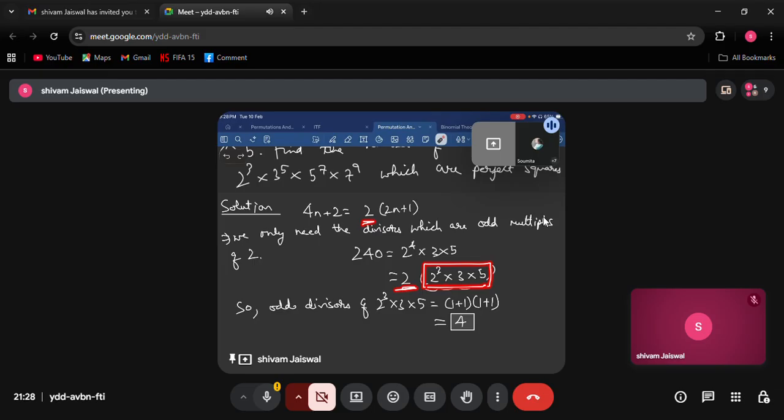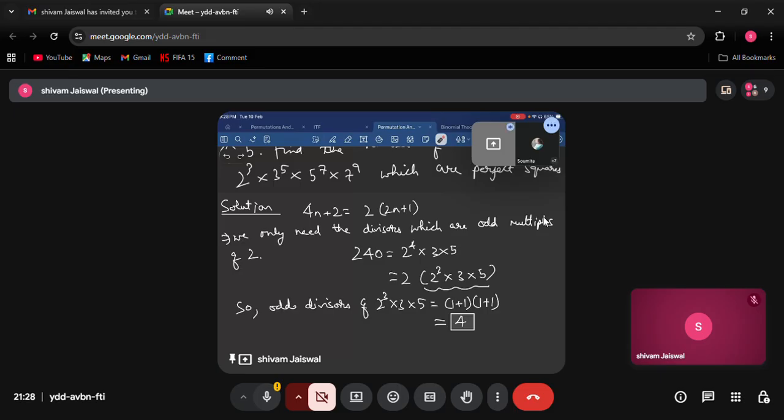So that means I need to choose only those factors where 2 is not present, that is 3 and 5. Right, tell me, what is the power of 3? Power of 3 is 1. Power of 5 is 1. So it will be 1 plus 1 into 1 plus 1. Is it clear? Yes, sir.